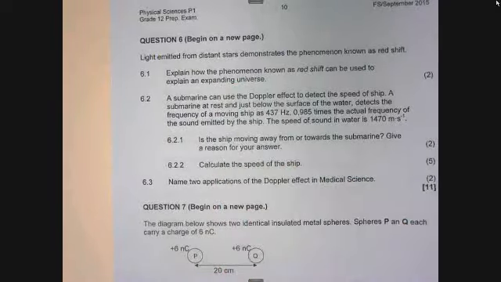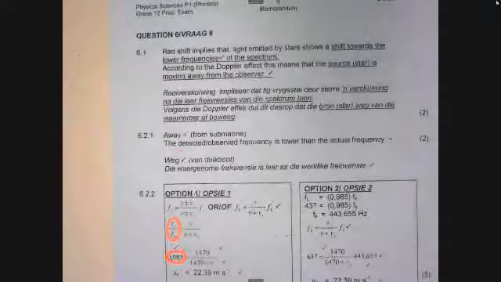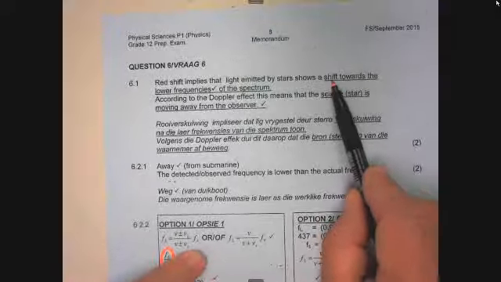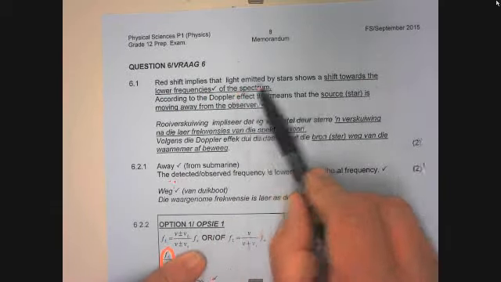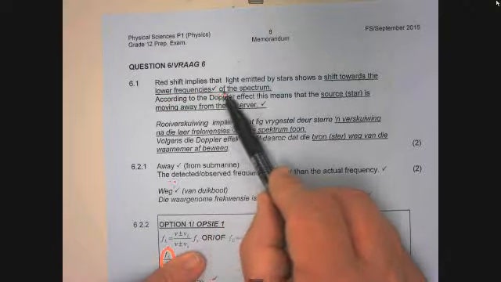So firstly, the learner must indicate what that redshift means, stating that redshift means that there is a shift towards the lower frequency of the spectrum. Right. State what is a redshift? A shift towards the lower frequency of the spectrum.